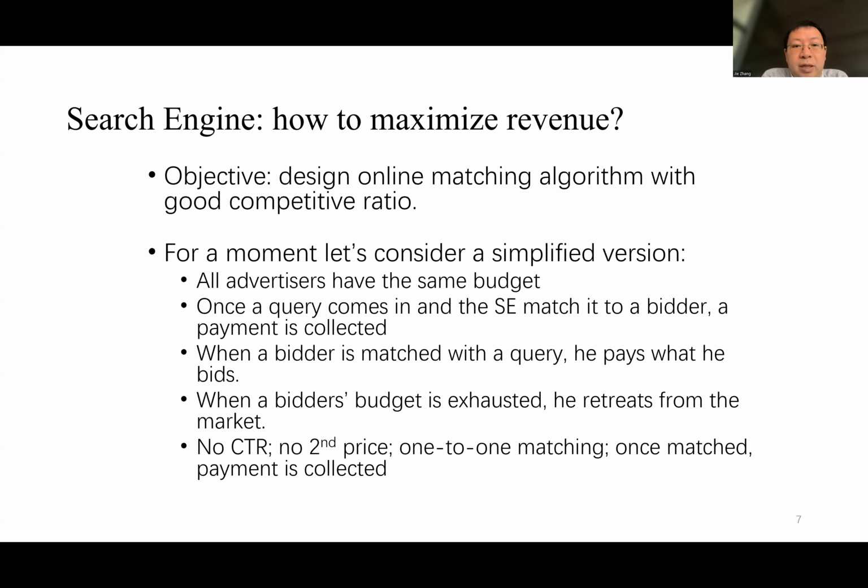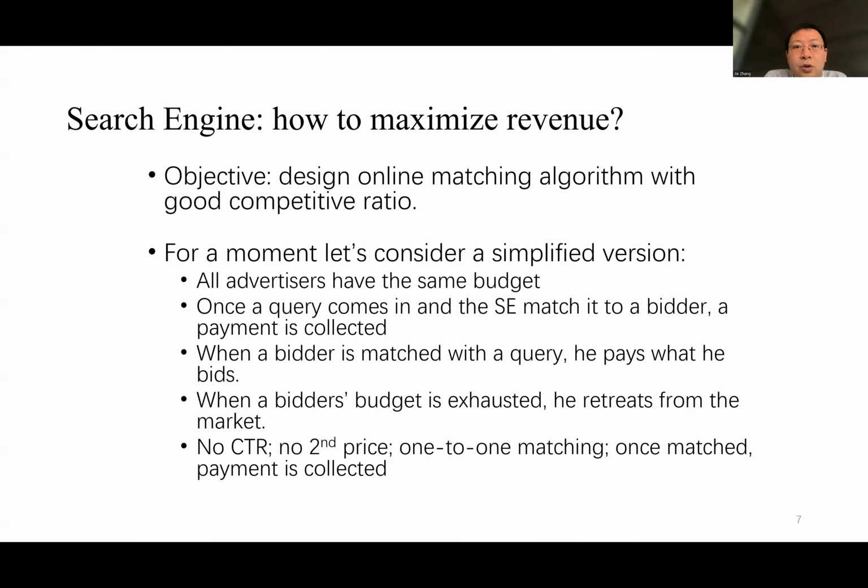When we talk about competitive ratio, this is in the context of online algorithms, because the user queries come in one by one in an online fashion. Every time a query comes, the search engine needs to decide which advertisement to display and in what order. So they need to compare the revenue of the online algorithm with the offline optimal and maximize this ratio in the worst case.